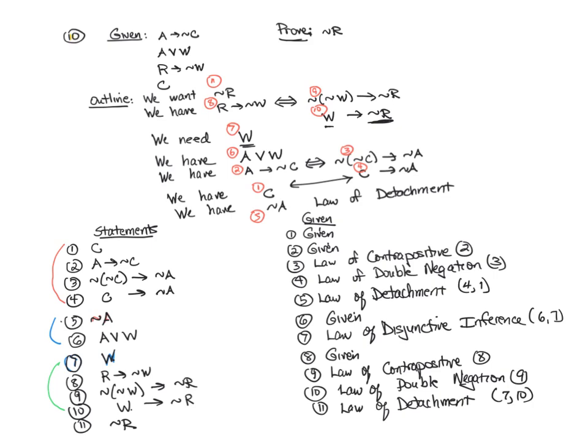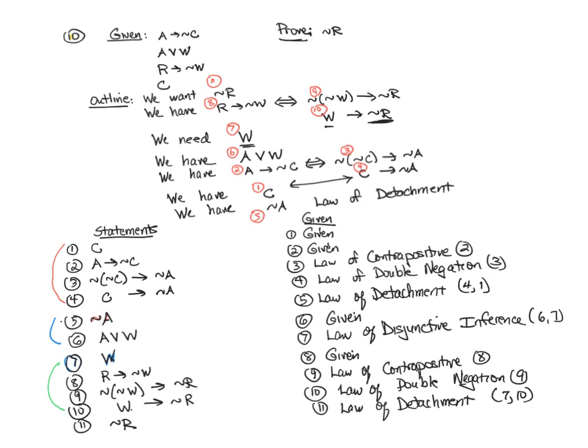All right. So this takes care of our lesson on the law of disjunctive inference. And remember, the law of disjunctive inference says that if a disjunction is true and one of its disjuncts is not true, or the opposite truth value, then the other disjunct must be true. And again, the law of disjunctive inference needs 2 given statements.